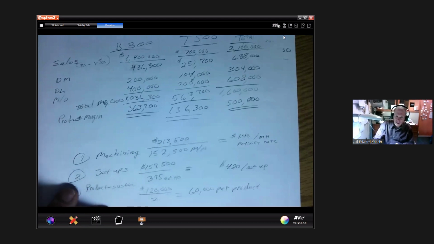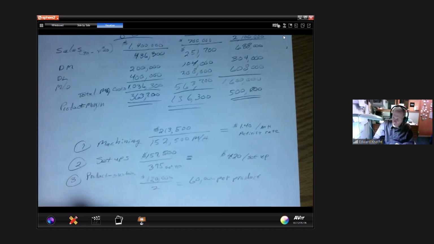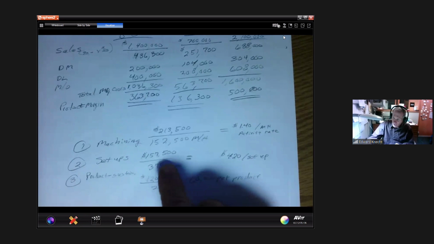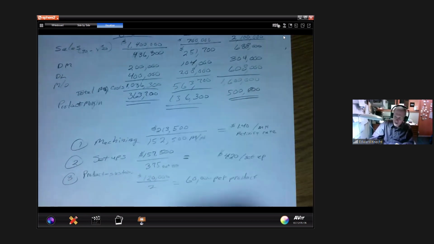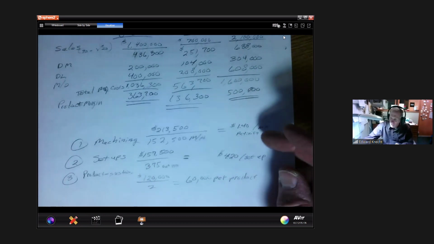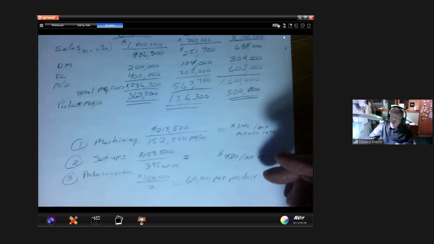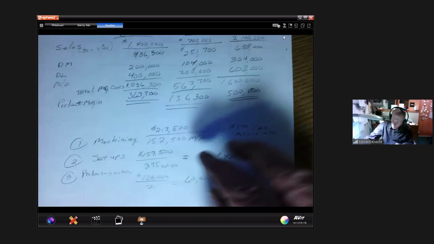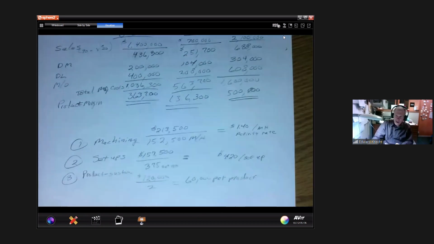So you just have to know, what's my allocation base? Here it's based on number of products. Here it's based on number of setups. This was based on number of machine hours. So that's my base. It's very similar to calculating predetermined overhead rate. We just have more activities, so there's more activity rates.